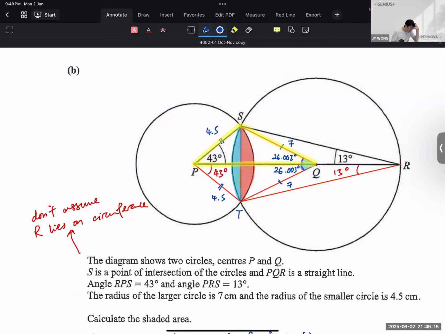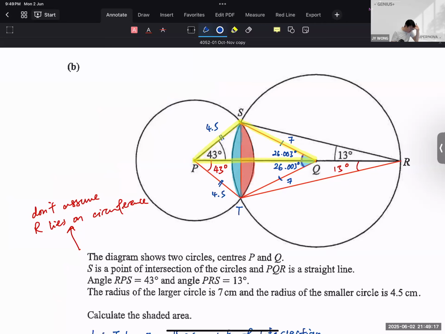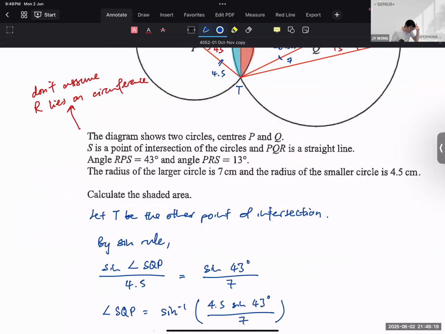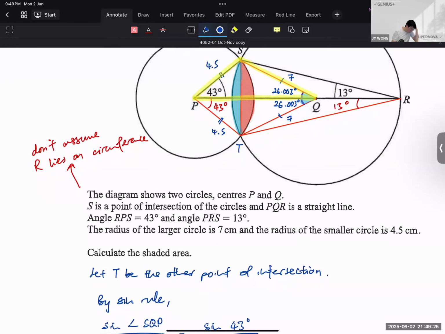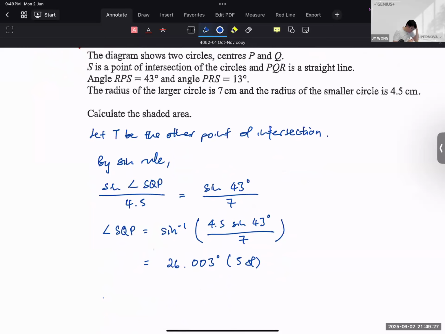I want to find the red area. What's the red area? Your red segment and your blue segment, right? I'm going to find them together. So it is your sector minus triangle.